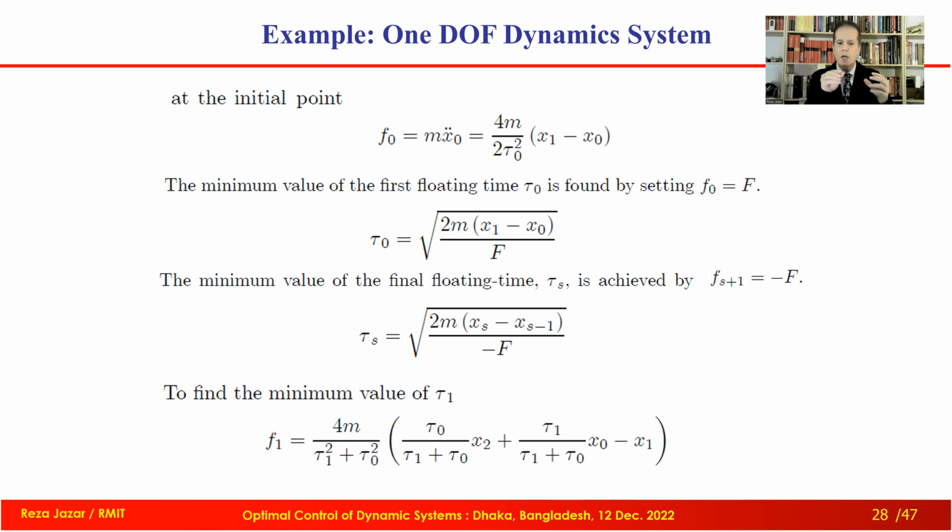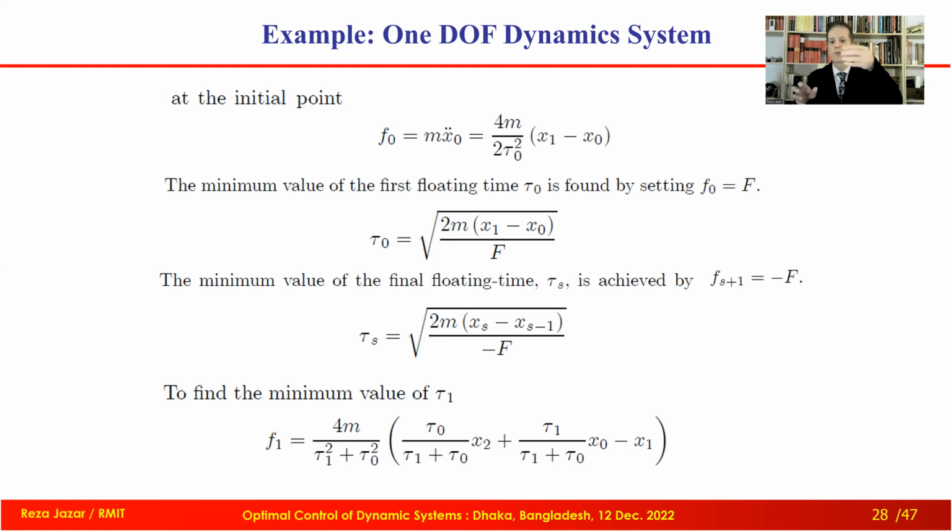Now imagine that tau 0 can be changed. I change tau 0 until f0 is equal to maximum f. Why? Because we know that at the beginning we must start with maximum saturated input. So tau 0 in the denominator is in my hand. I change this until it adjusts to f0. So tau 0 is calculated.